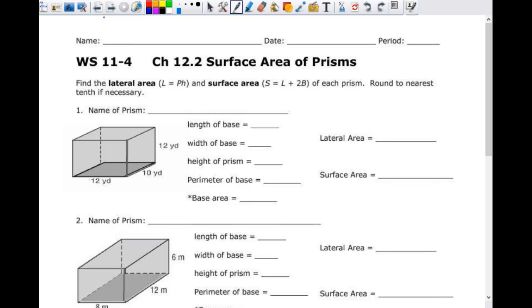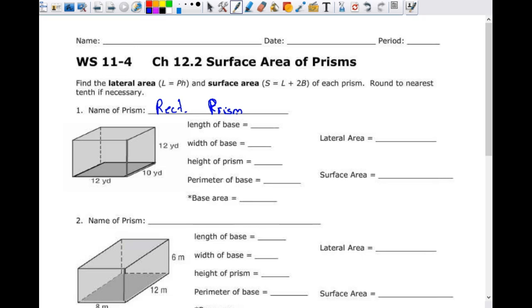1. All right, what is the name of this prism? A rectangular prism. Don't yell out the answer. What is the length of the base, Jonathan?